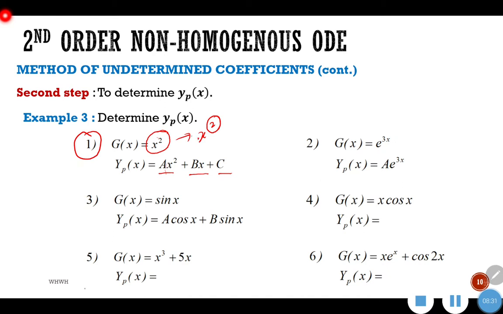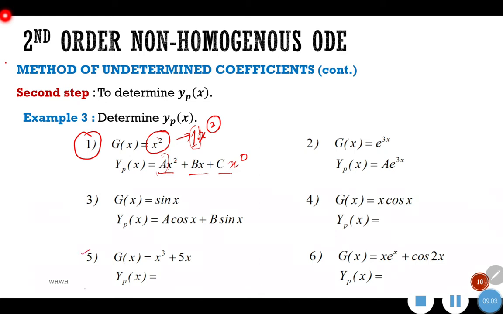And then sebenarnya ni 1 darab X power of 2, but as I said just now, ignore 1 but instead introduce a new one, A X square. So kita kena tambah, we need to add up terms until it reaches X power of 0. So we have A X square plus B X plus C.